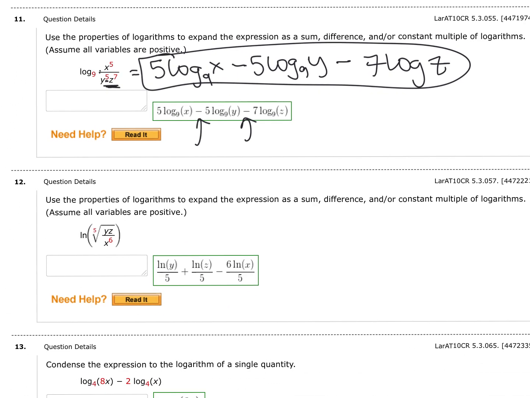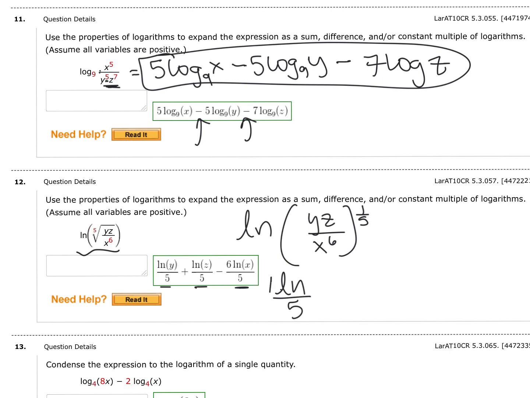All right, and then on number 12, we do have this expression, which I'm going to rewrite. Anytime you have something raised or as the 5th root, we can actually write that to the 1/5 power. So you can pretend there's a 1/5 there, and that's how we end up with 1/5 for each of our answers. And so I bring the 1/5 to the front, but really it's like dividing by 5, so it's a natural log.